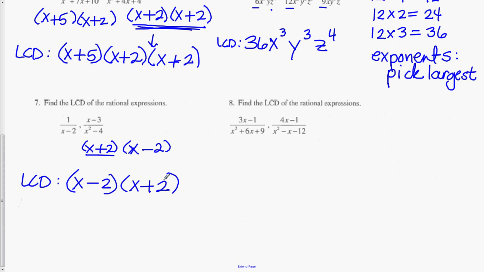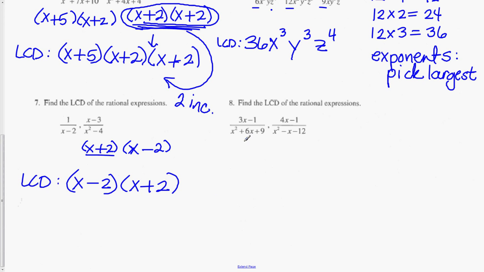Again, the only time you have to list it twice is if they appear together in the same denominator to begin with. Up here, these appeared together in the same denominator, so that's why I had to have 2 of them included. If I don't have 2 of them together, I don't have to write them twice.